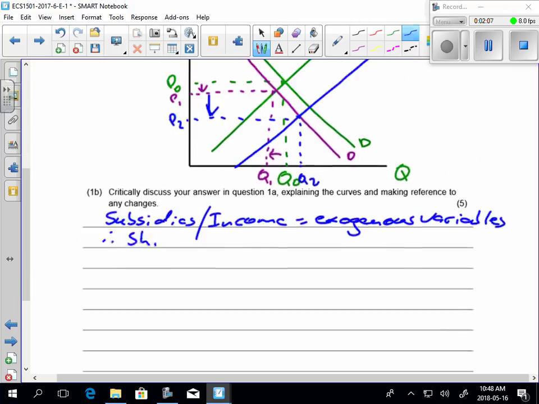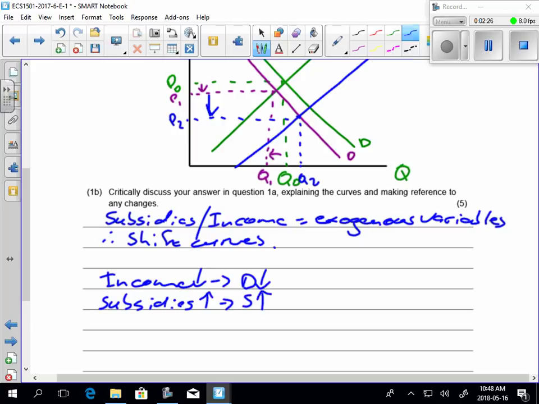Therefore, shift the curves. Income decreases demand, subsidies increase supply.